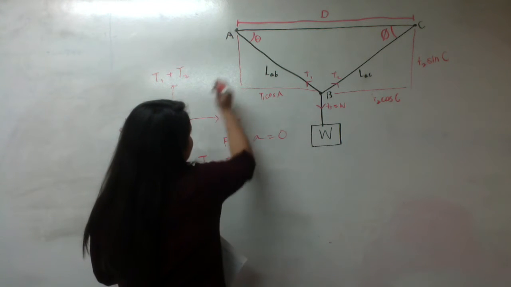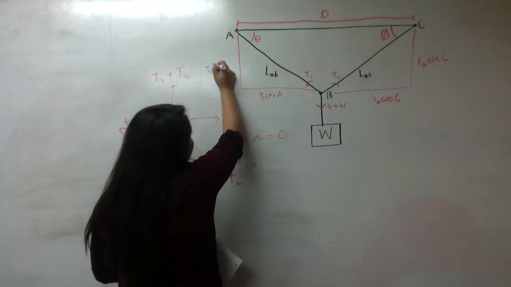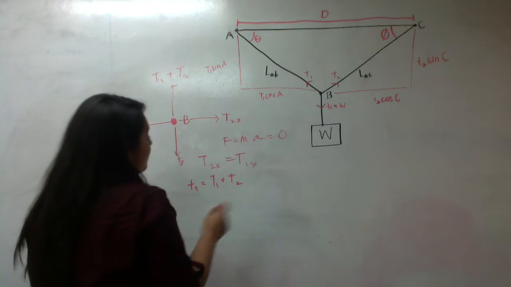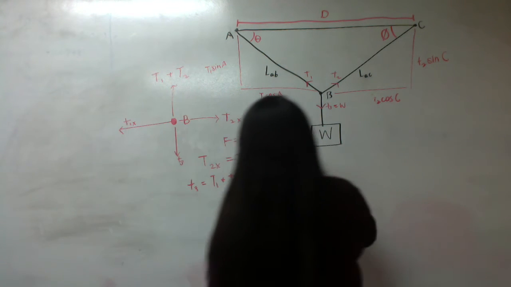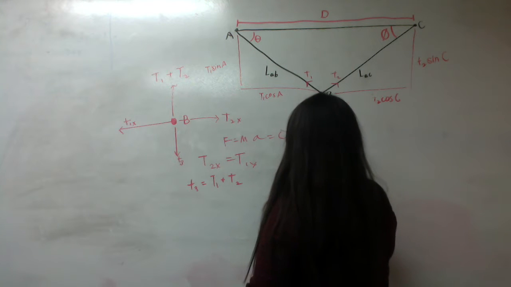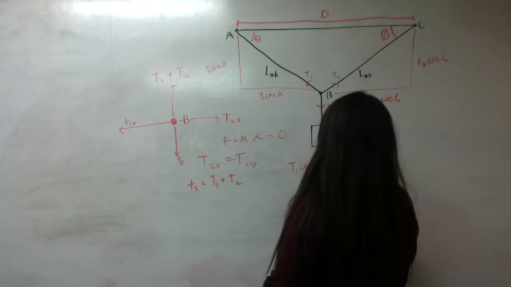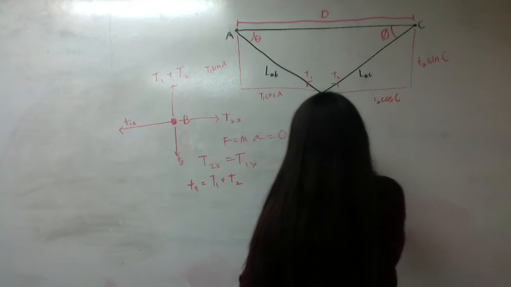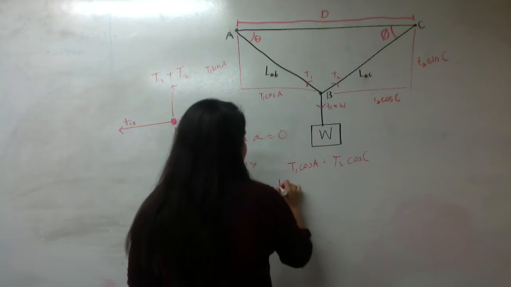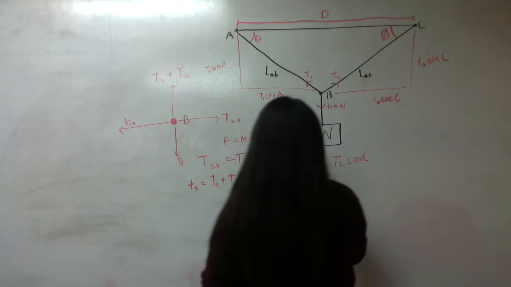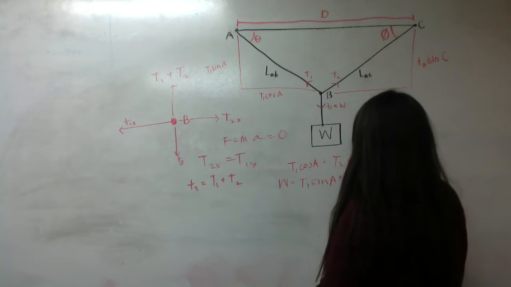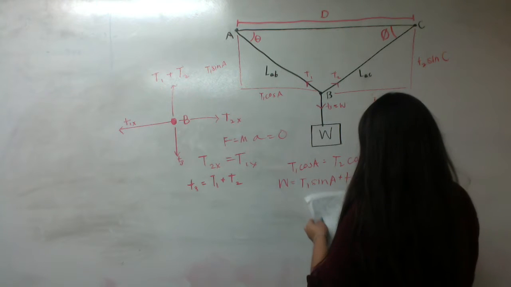And then this y component is equal to tension 1 sine of A, or theta. That way we can use those to plug into this equation. So we have tension 1 cosine A is equal to tension 2 cosine C. And then we have this weight equal to tension 1 sine A plus tension 2 sine C.